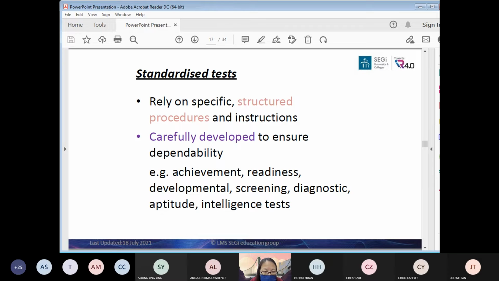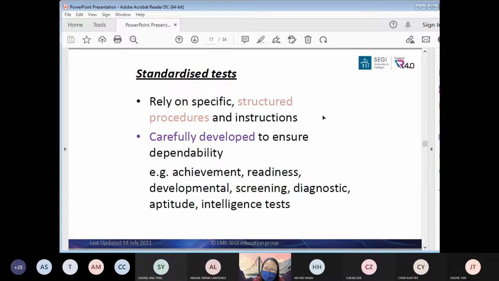Now, what is a standardized test? Standardized tests rely on specific structured procedures and instructions.